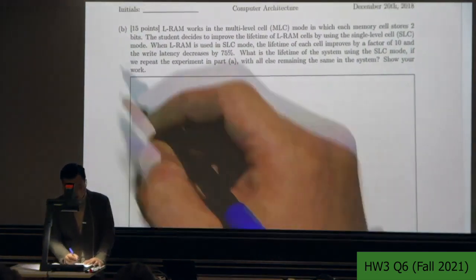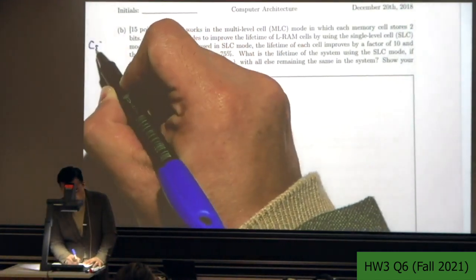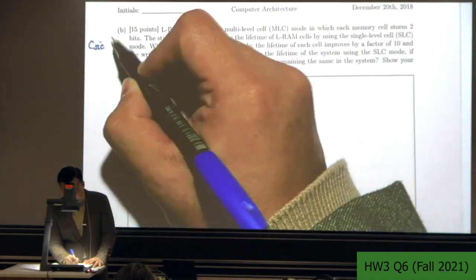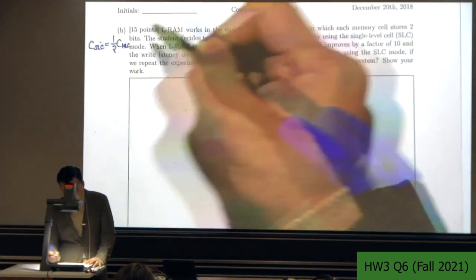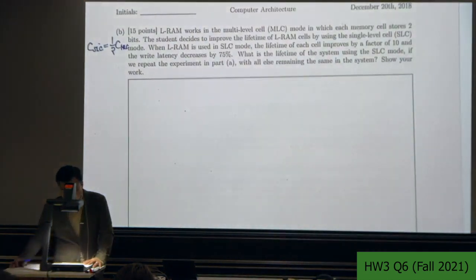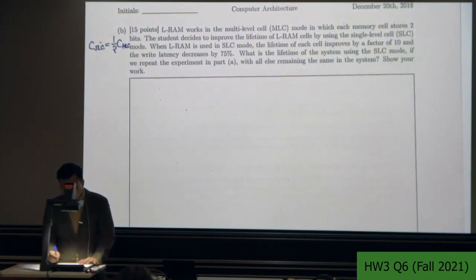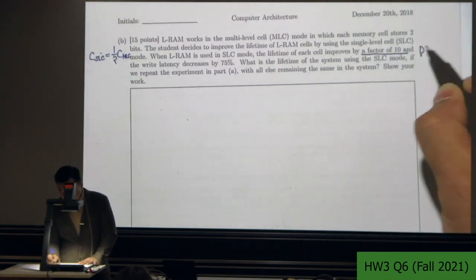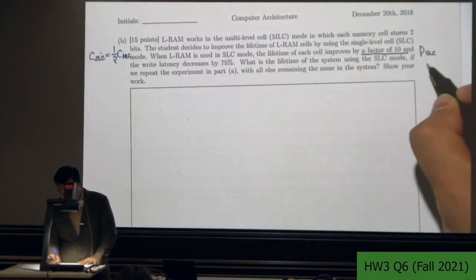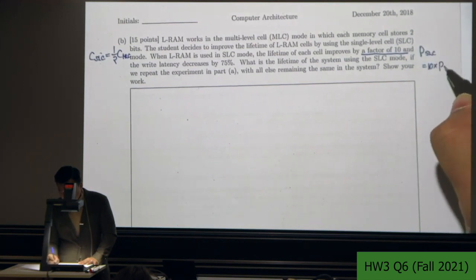It means that our capacity of the SLC LM device is half of the MLC device, right? And when LM is used in SLC mode, the lifetime of each cell improves by a factor of 10. It means the limited program cycle of SLC is 10 times that of the MLC device.